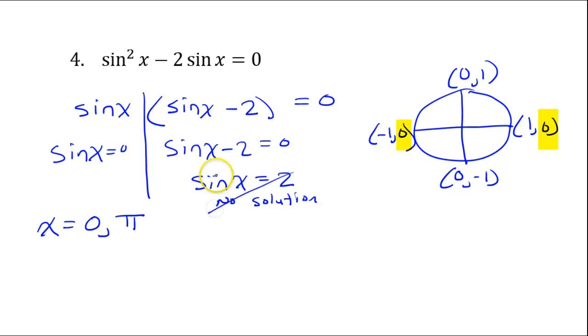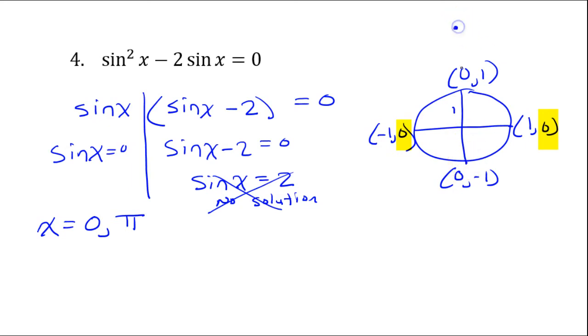I'm basically crossing this out, because look, the sine is the y value on the unit circle. This unit circle has a radius of 1. So the highest value that the sine function has is 1, and the lowest value is negative 1.